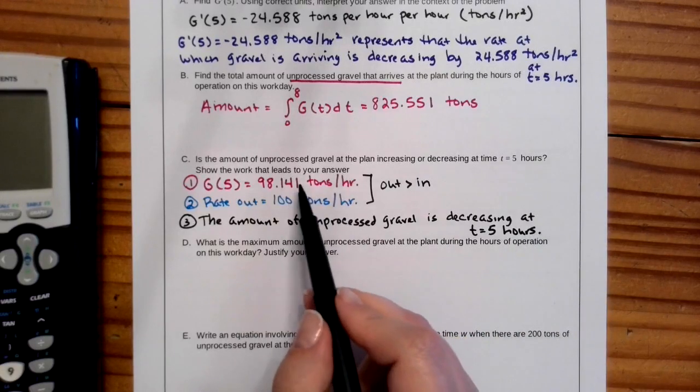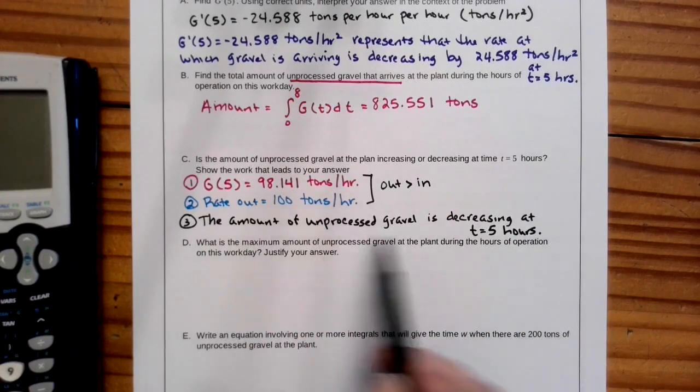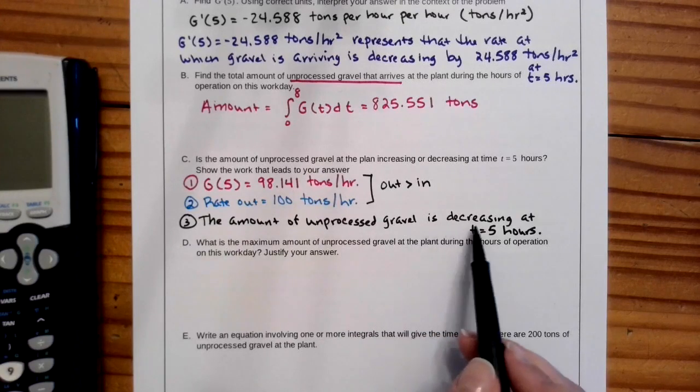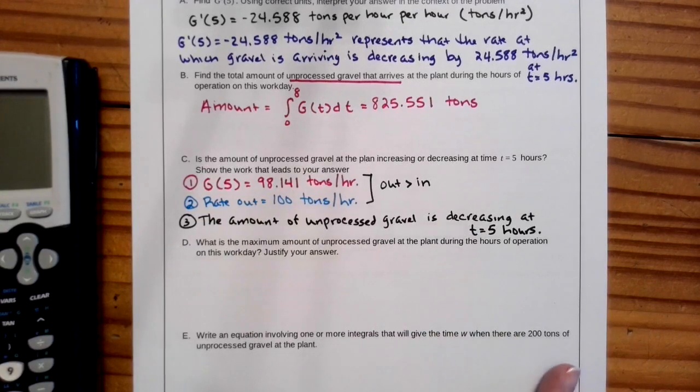They're taking it out faster than it's being put in. So that means the overall amount of gravel must be decreasing. Okay?